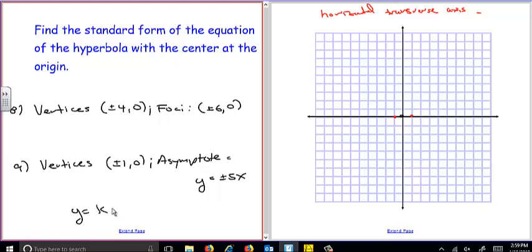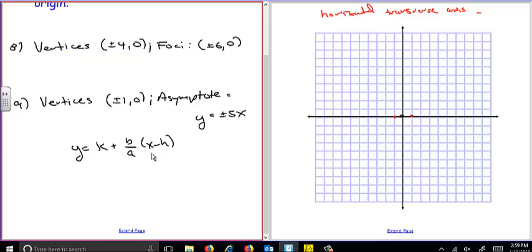For a horizontal transverse axis, it's going to be y minus k is equal to b over a times x minus h. But for our case, because of the origin, h and k are 0.